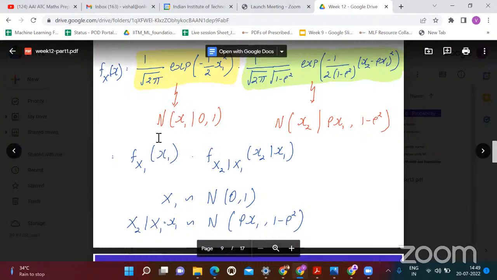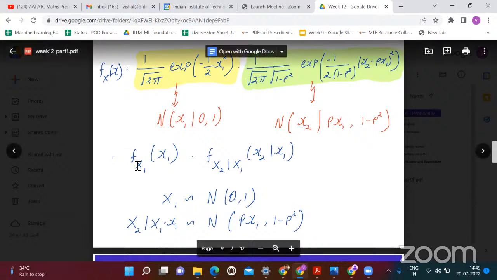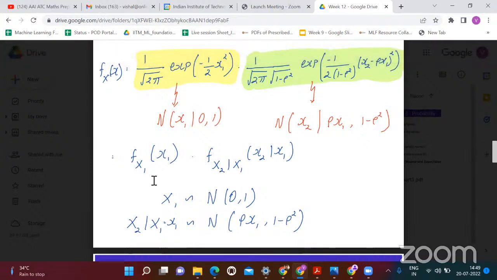And we already read about this in stats too. If you are asked to write the joint distribution of fx here, you can write it in this form: the density function of fx1 multiplied with f, so simply the marginal into conditional form.